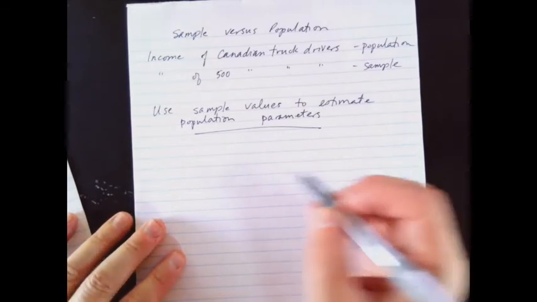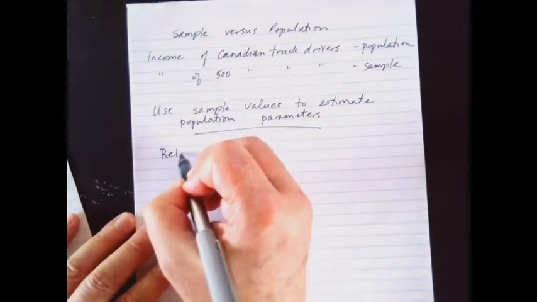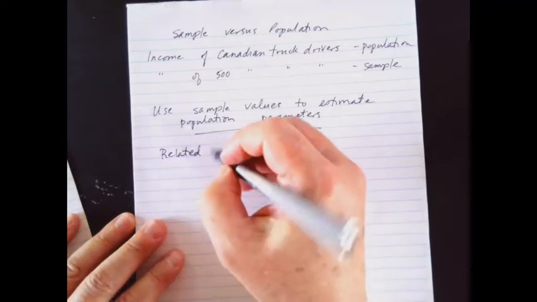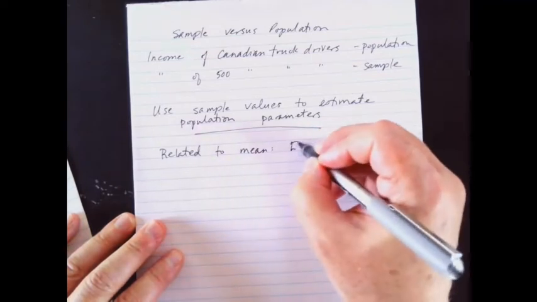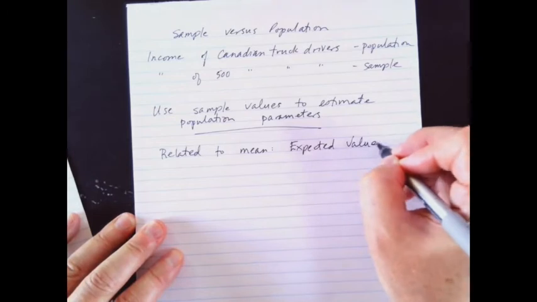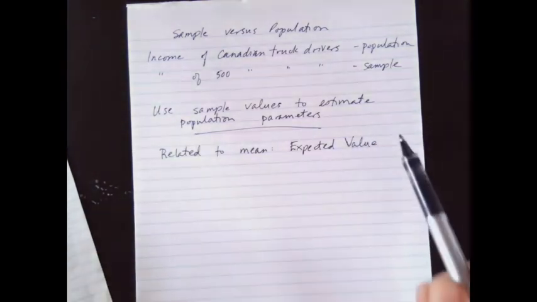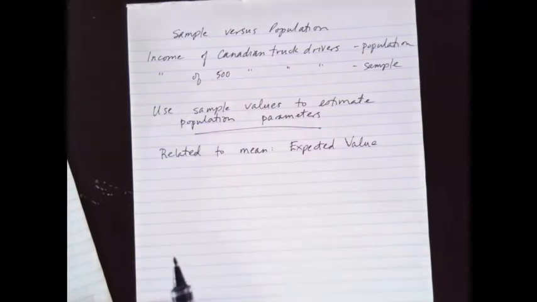Now I'm going to move on to a very important concept, related to the mean: the expected value. The expected value is a slightly different statistical concept, but when we apply it, we end up with the mean most times.